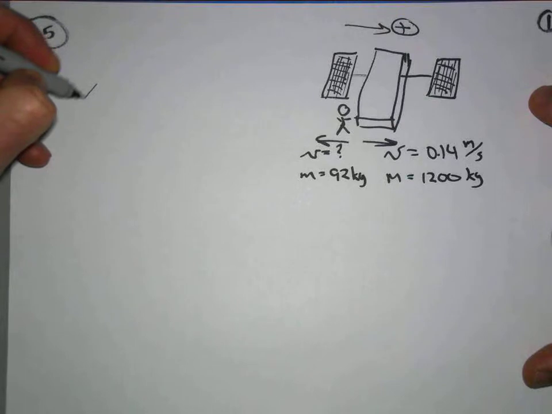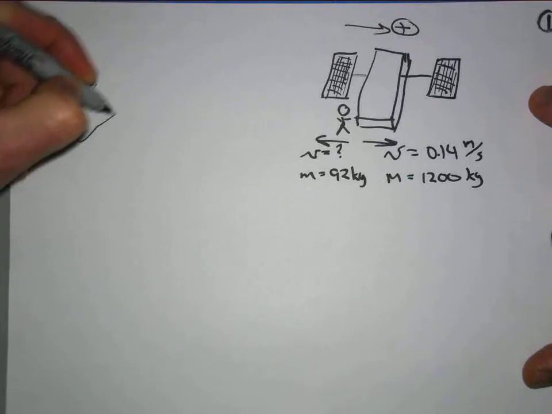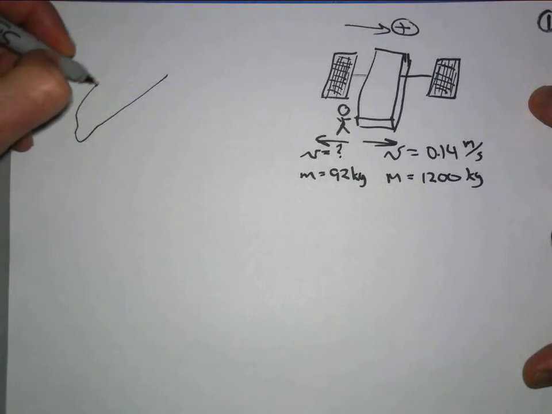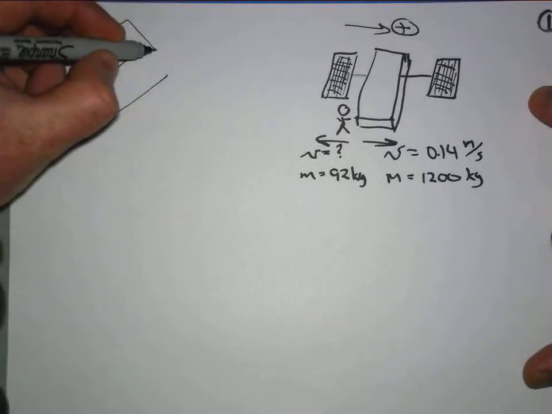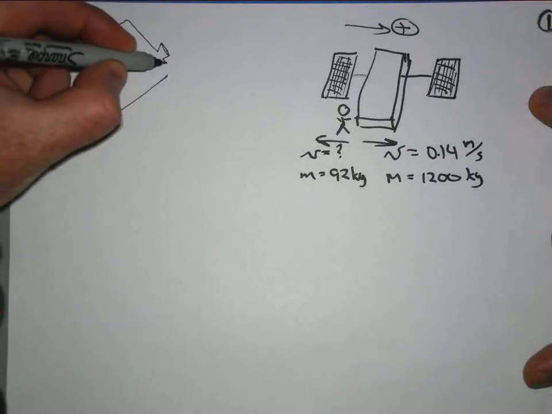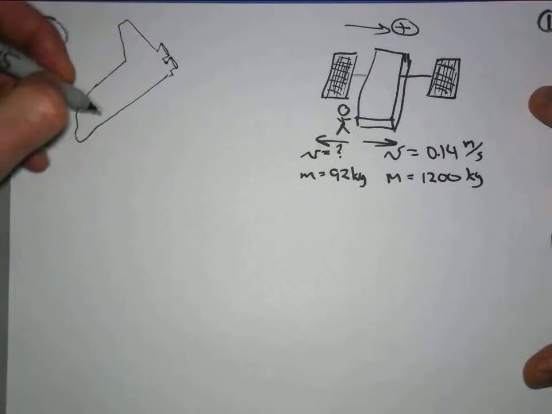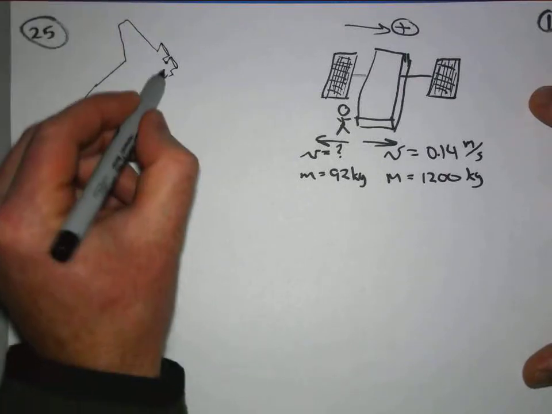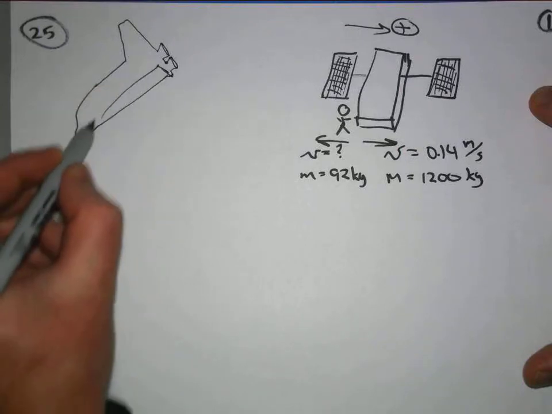So the shuttle, I don't know, nose, kind of an airplane-ish shape, sort of a delta wing, big tail, some engines, and kind of a wing structure.